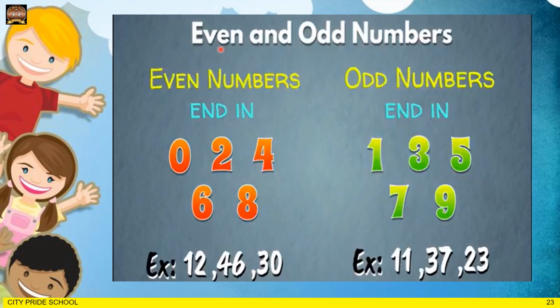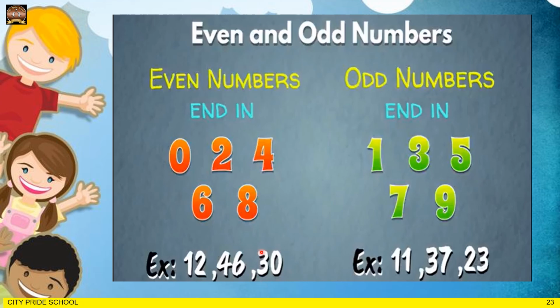Here even and odd numbers are given. Even numbers end in 0, 2, 4, 6 and 8 and odd numbers end in 1, 3, 5, 7, 9. For example, 12, 46 and 30.